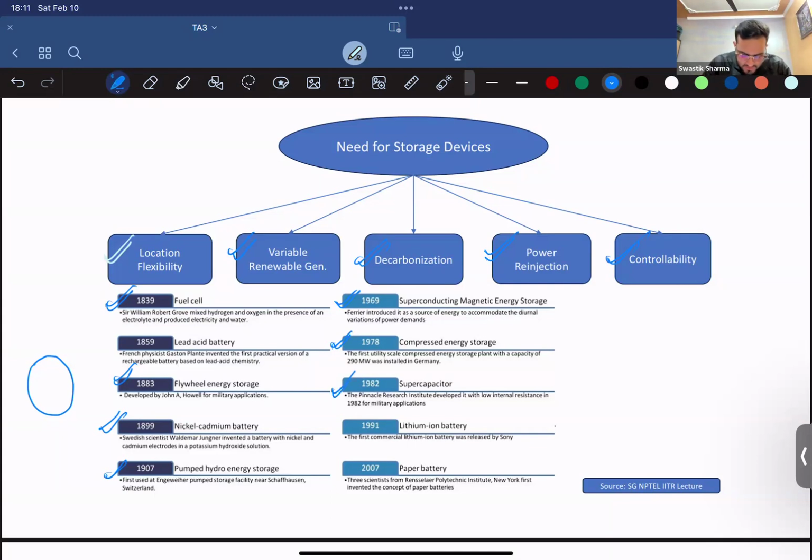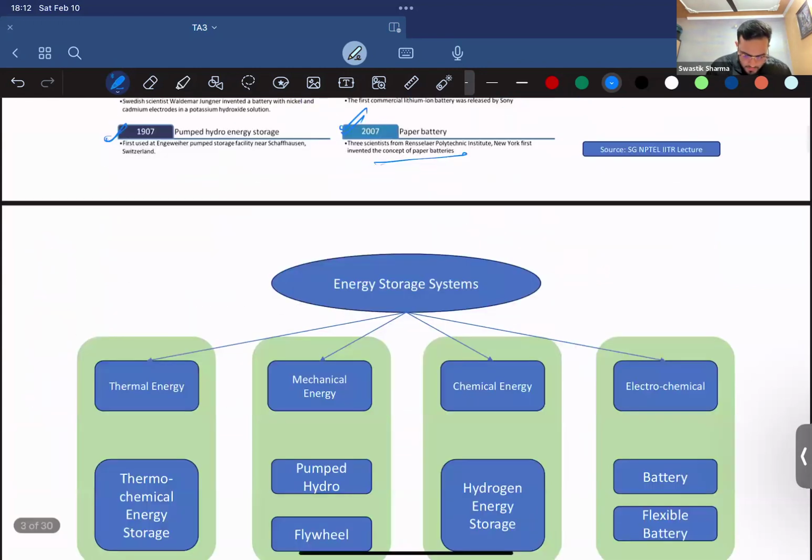Then came supercapacitors, which are large capacitors having an insulator between two conducting plates, where this insulating material stores energy in the form of electric field. Then came lithium-ion battery, which are popular nowadays. And then a paper battery was discussed, but it's still in a concept stage where we haven't found a real use case as of now.